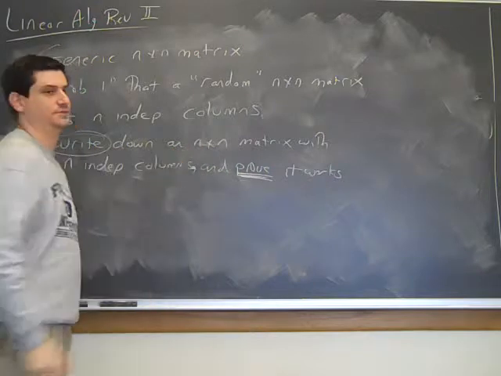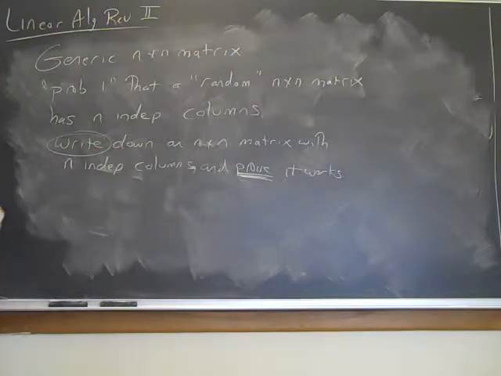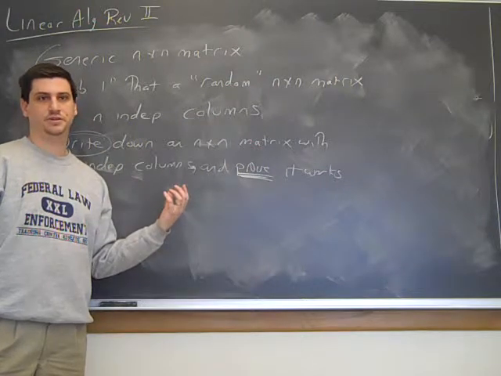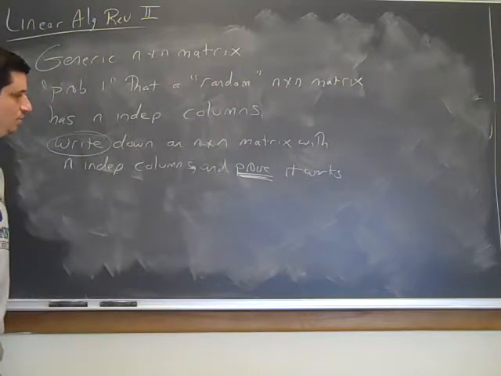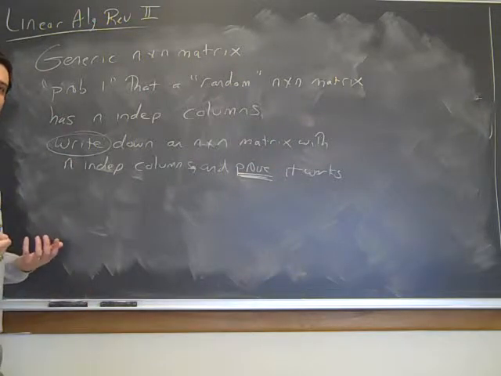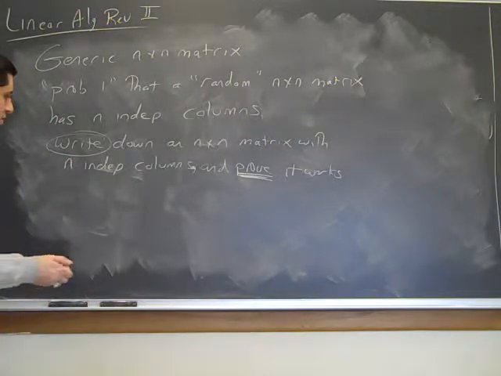Now it's more interesting. Can you come up with a constructive way to write down a matrix such that it will work? Almost any matrix you write down will work, but can you do it in a constructive manner? There's a really nice generalization.